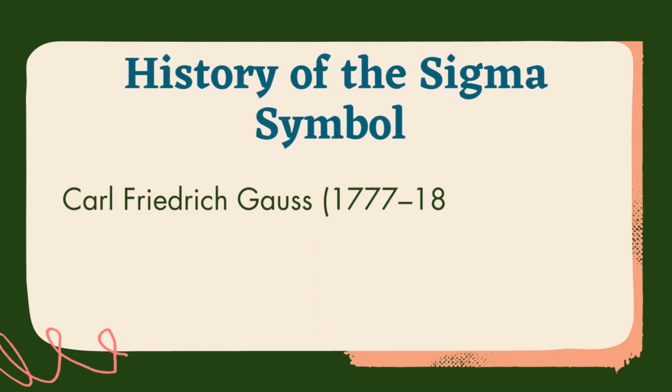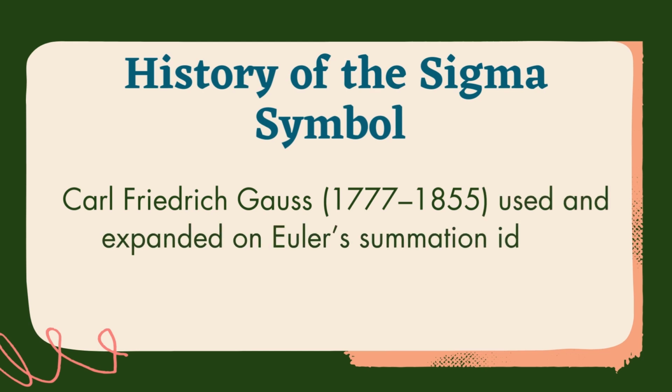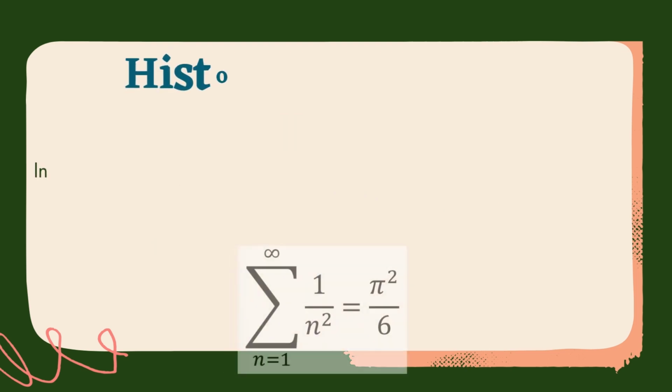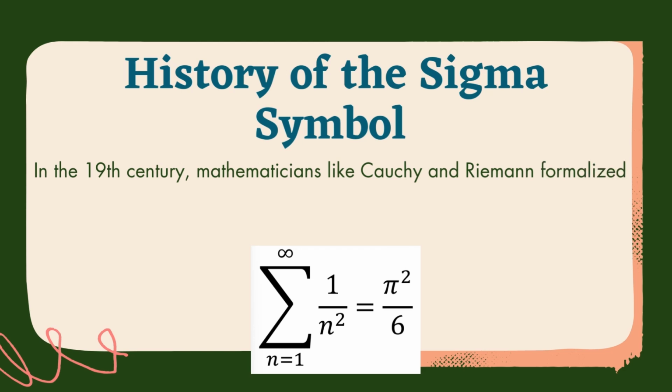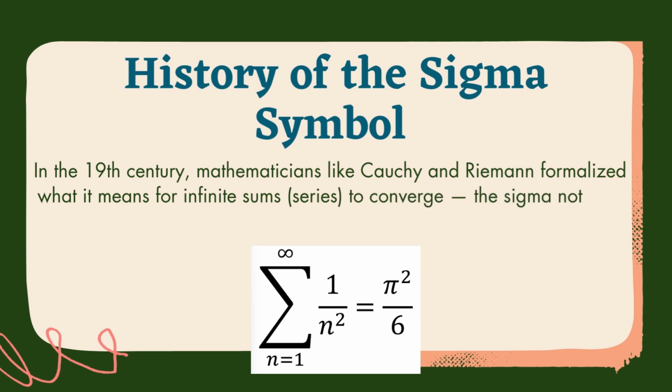Carl Friedrich Gauss used this idea of Euler's summation and expanded on it. In the 19th century, mathematicians like Cauchy and Riemann formalized the meaning of an infinite sum to converge. The sigma notation made expressing this much easier. They gathered more studies about the infinite sum, which is the summation.